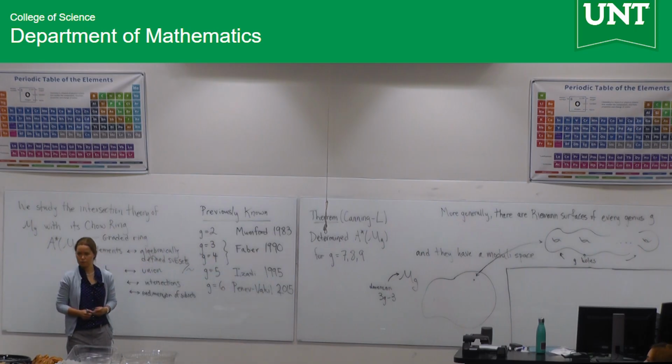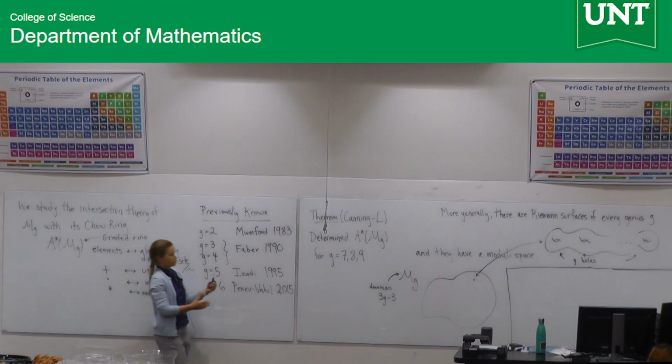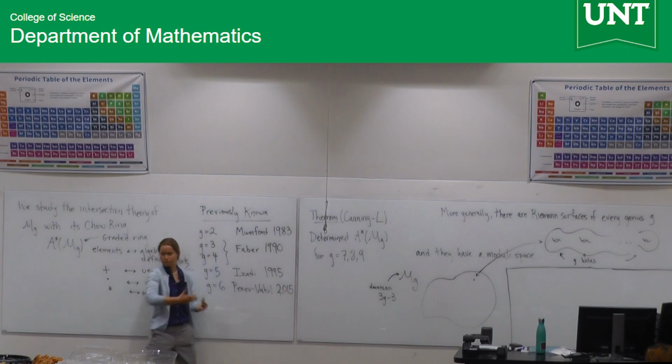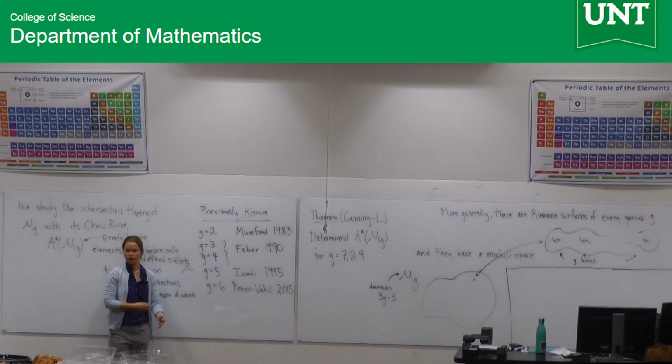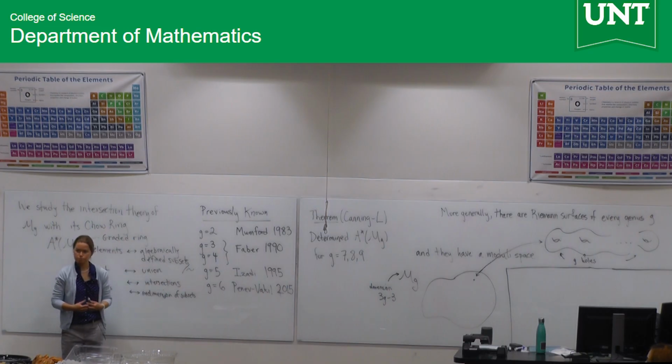I see that most of these elements are individual, like 5 and 6 are independent of each other. Was there something special that allowed you to do 7, 8, and 9 all at once, or were they also individual things that you found? Well, our approach was introducing a certain new idea that got all of 7, 8, and 9, and can again treat all of the smaller genera. So is there something more complicated with 10?